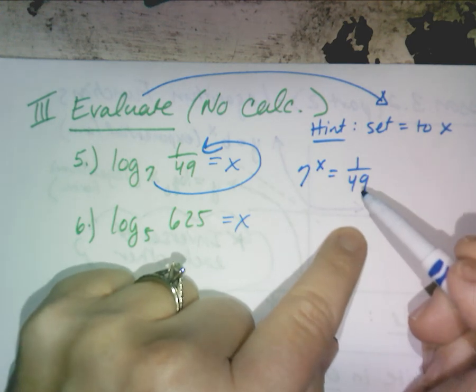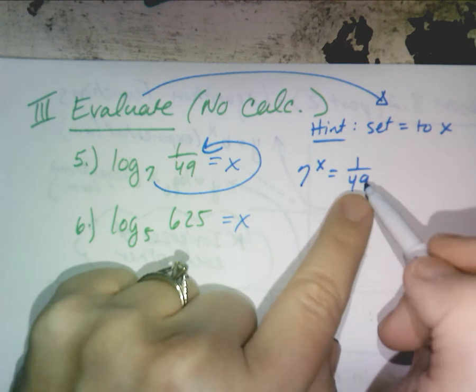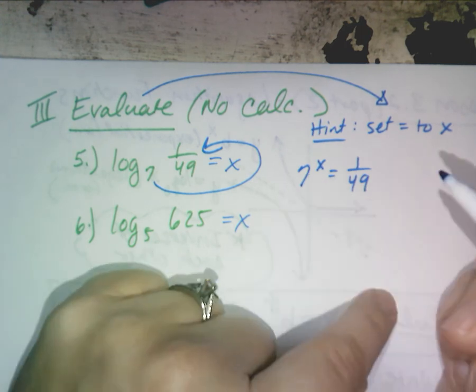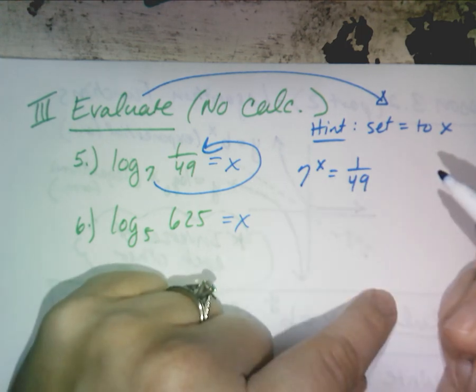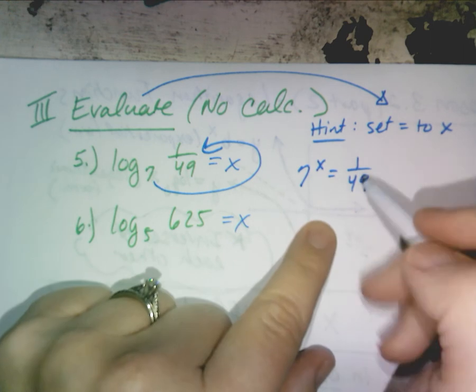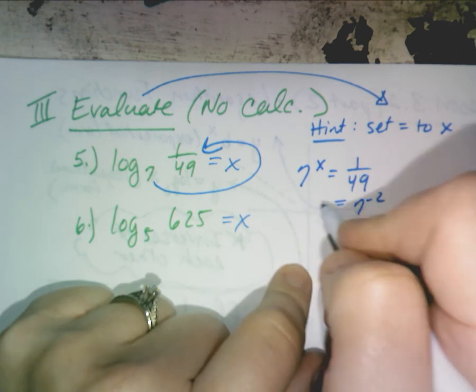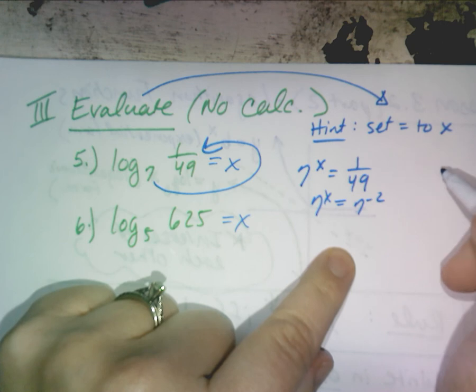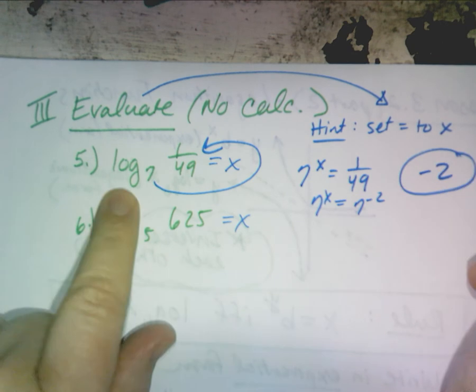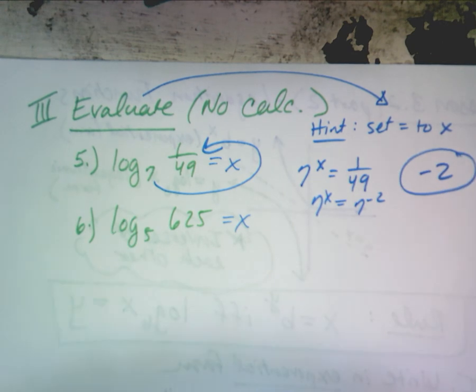How can 49 be written as 7 to the what? 2. Isn't 1 over 49 the same as 7 to the negative 2? Yes. So what does x equal? Negative 2. That is what log base 7 of 1 over 49 is. It's negative 2. I'll show it to your calculator, but not yet.